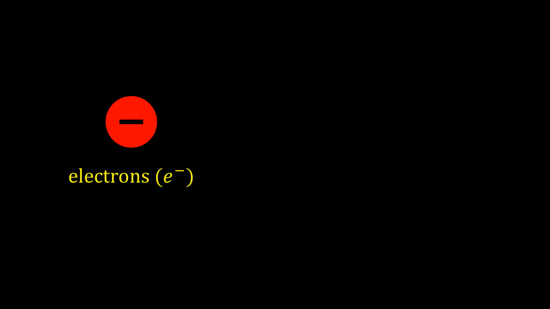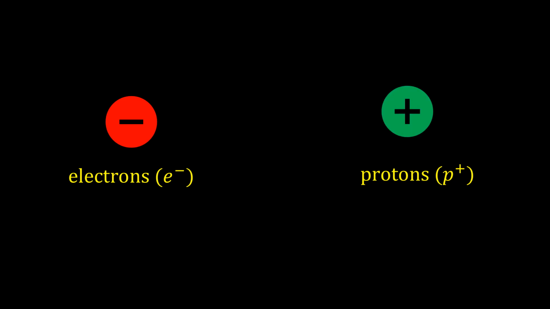Electrons carry a negative charge and protons carry a positive charge. This is why negative charges are called electrons and positive charges are called protons. If an equal number of negative and positive charges are found in an object, there is no net charge and the object is neutral.